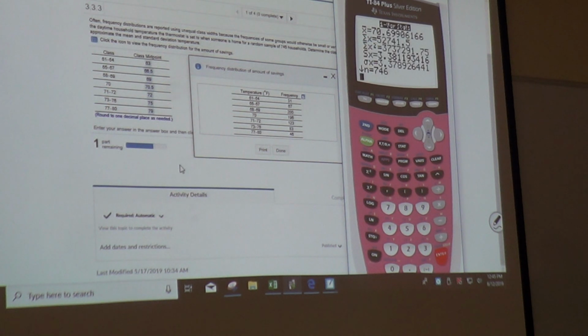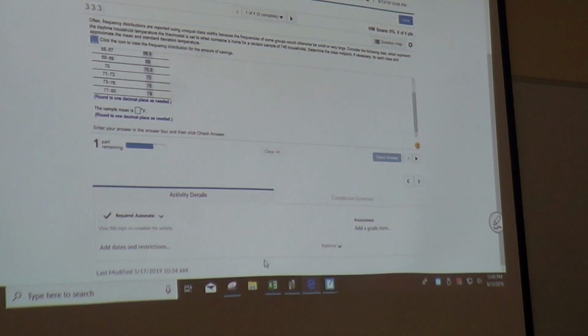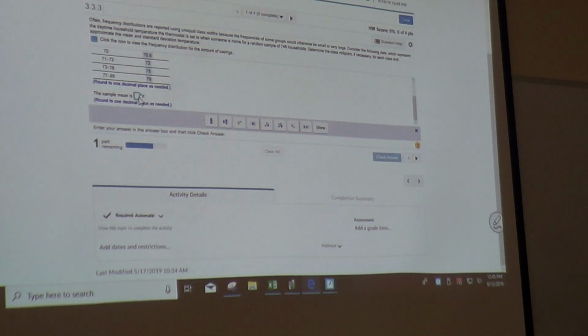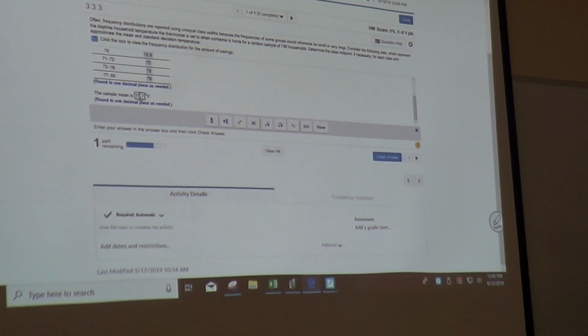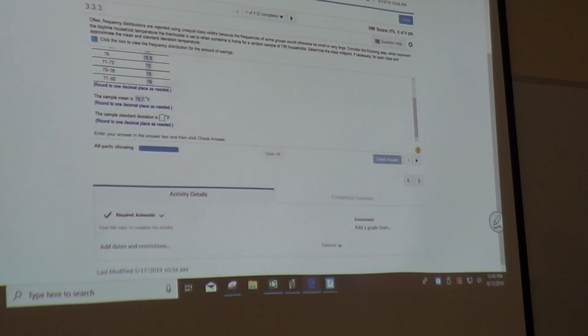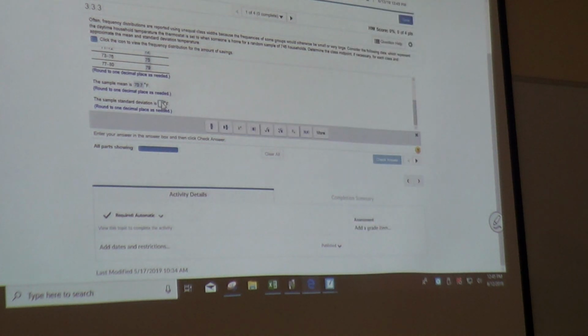The first thing they want to know is the sample mean, so that's my X bar. They want it to one place, so it's 70.7. And they want the sample standard deviation, so that's my Sx, to one place, 3.4.